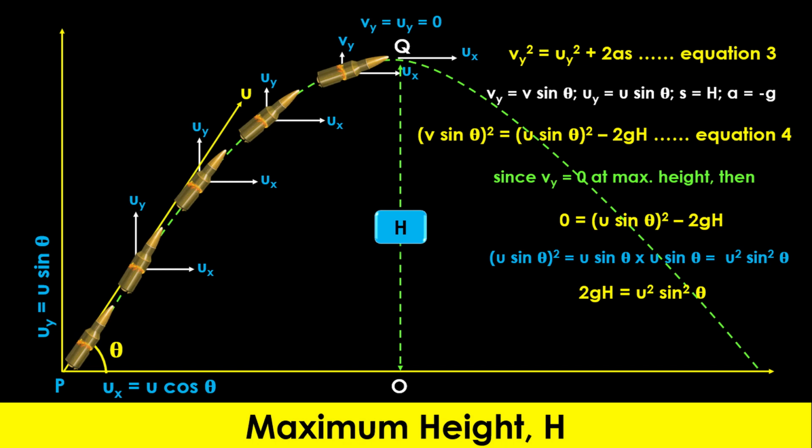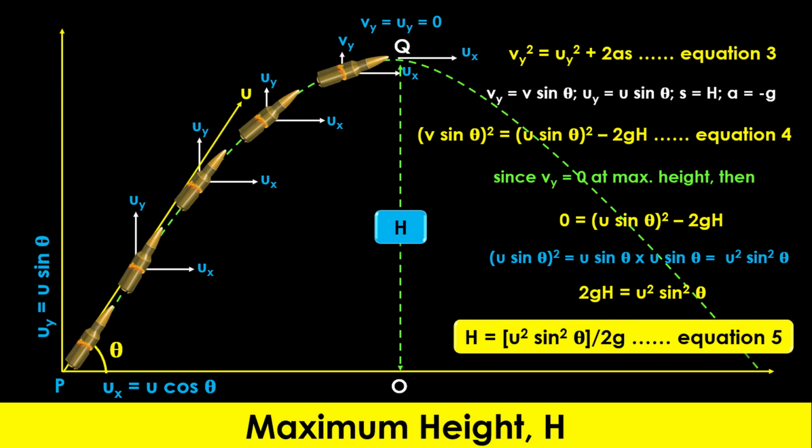If we substitute the value of v as 0 at the maximum height and solve for h, then equation 4 will reduce to h equals u squared sin squared theta all over 2g, where u sin theta times u sin theta equals u squared sin squared theta.